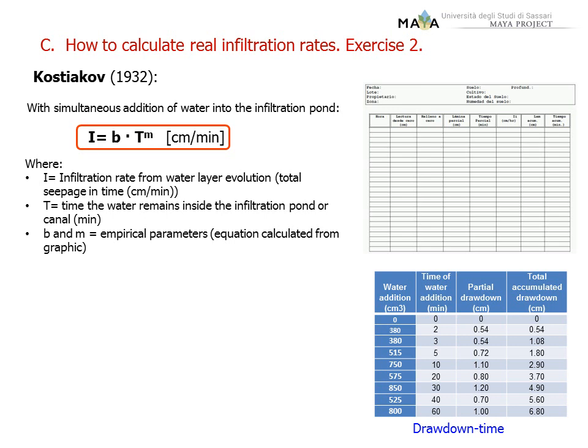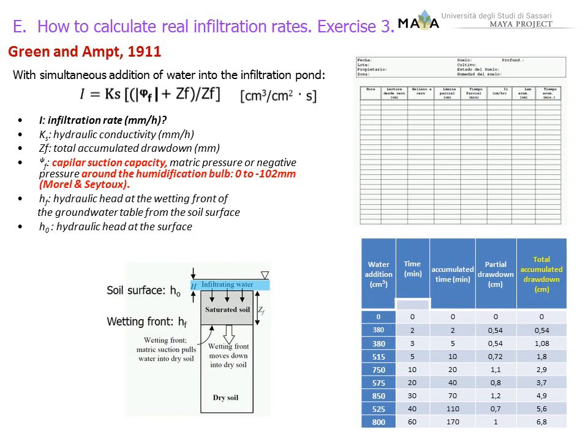The second exercise exposes a collection of data gathered from an infiltration test, and we will calculate the infiltration rate applying the Kostiakov formula. And in the third exercise, we'll use the Green and Ampt formula to calculate the infiltration rate, also from the data exposed in the template displayed here.